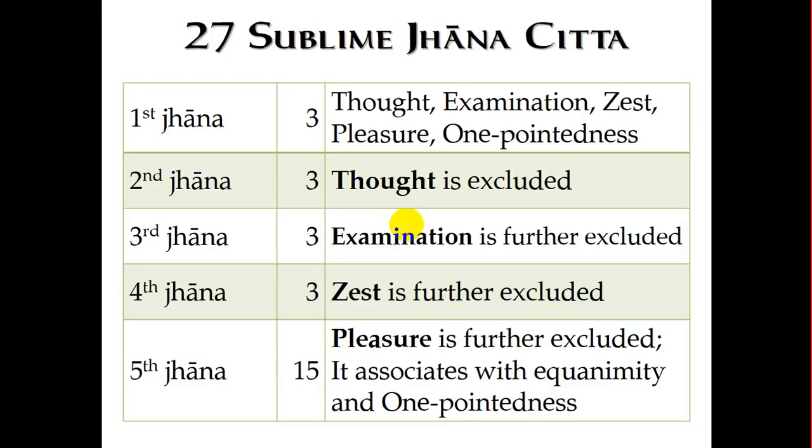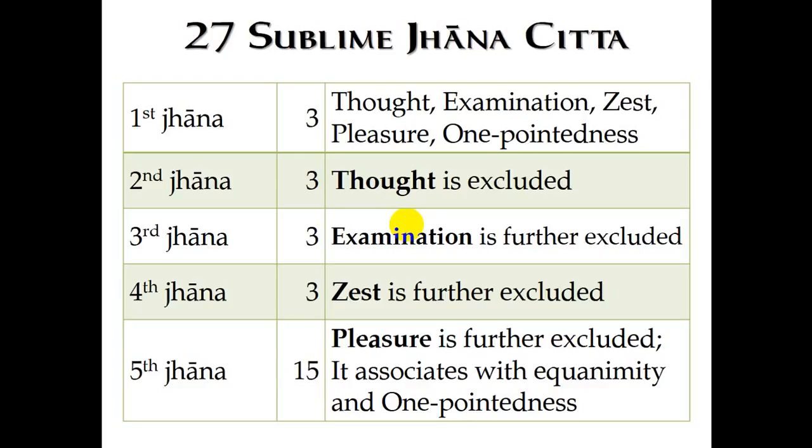And if you want to go further, in the third jhana cheta, examination or vicara is excluded. The thought in this book is translated as initial application, right? Initial application. Examination, vicara, is translated as sustained application, right?